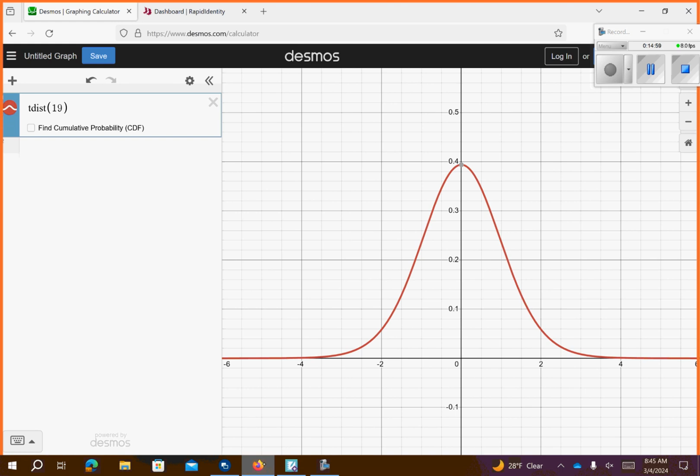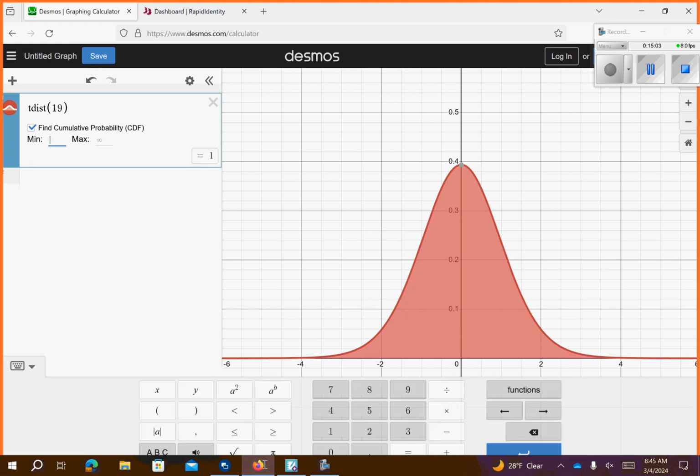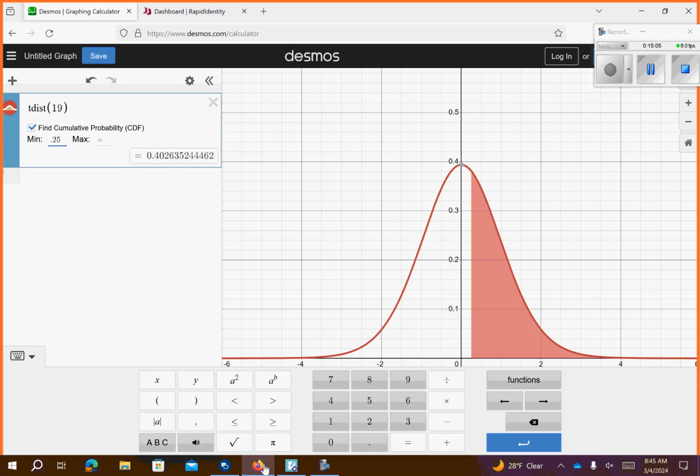So our standard error being 0.25, if we go 0.25 here, 0.25 here, we come up with roughly 40% or 0.40, 0.402, something like that. All right. So our p-value is 0.40.